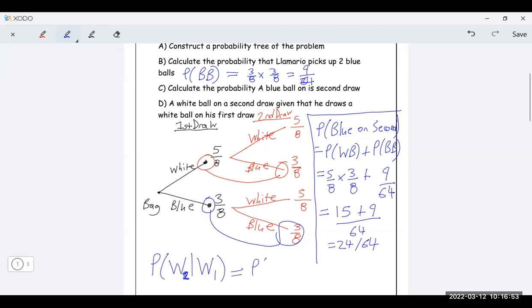So that will be equal to, using the conditional probability formula, the probability of white on the second draw and white on the first draw, divided by the probability of getting white on the first draw. Getting a white on the first and a white on the second is just the probability of two whites, over the probability of getting white on the first draw, meaning it doesn't matter what we get on the second draw. So it's just white and blue plus white and white. Then we're going to work that out.